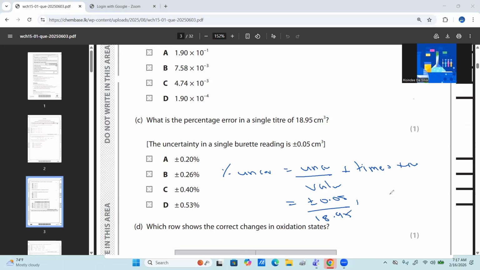We use it twice, into 100. So 0.05 divided by 18.95 into 2 into 100. So you get the correct answer as 0.527, which is closer to 0.53.